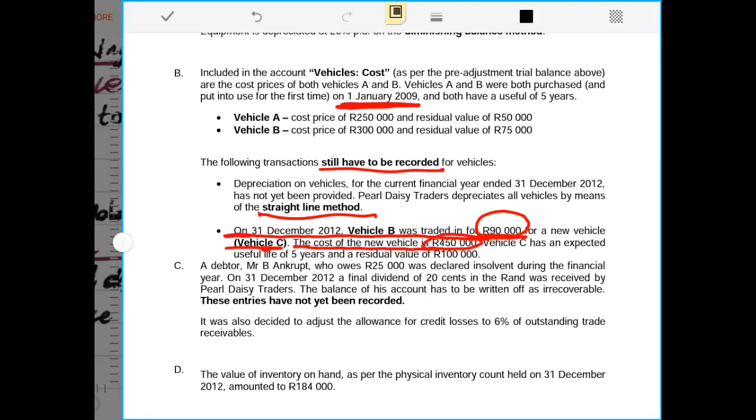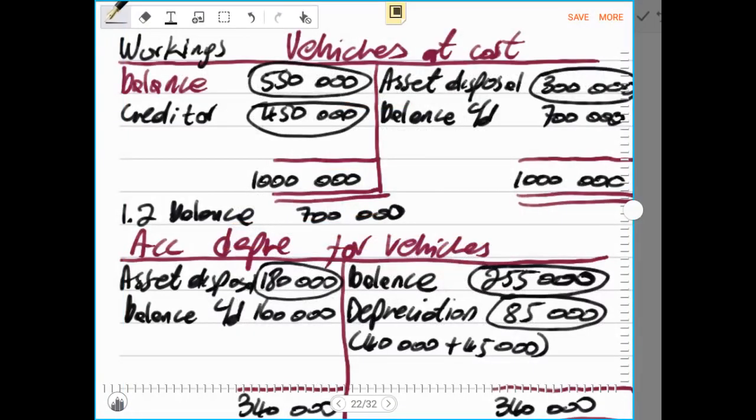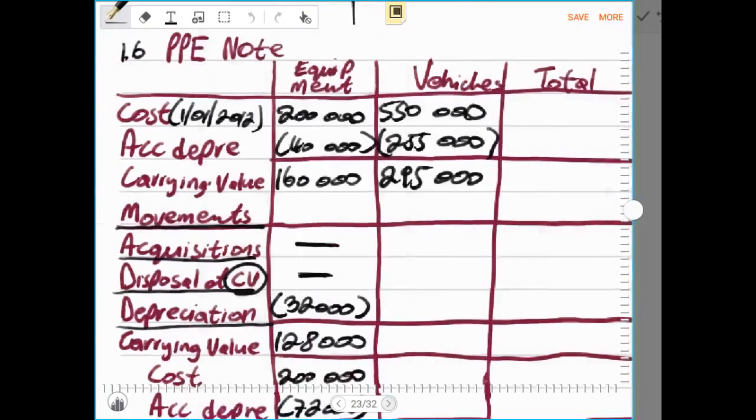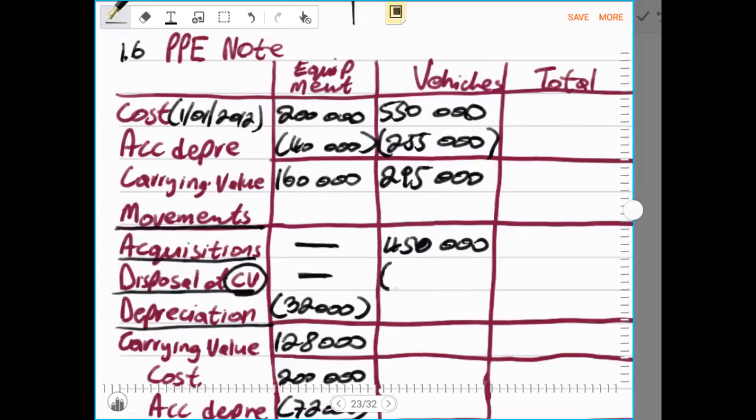It was on the 31st of December 2012 at the end of the current accounting period. So now we record the purchase of the asset at cost. So it will have to be recorded at 450,000 rands.